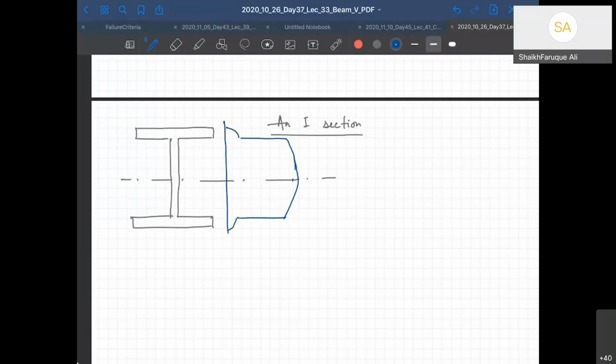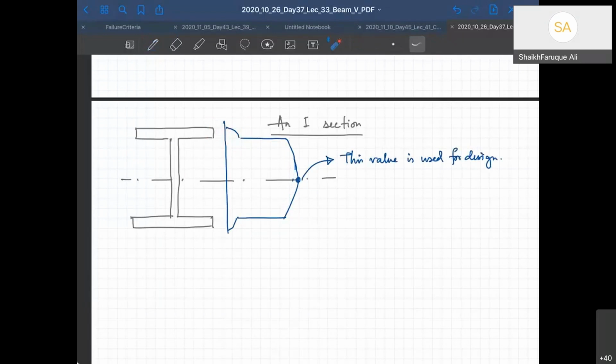And my design is this value. Not this value. And therefore, if there is an increase here like this, doesn't matter to me. It doesn't matter. But one thing that matters is how do you check this thickness? How do you calculate this thickness?